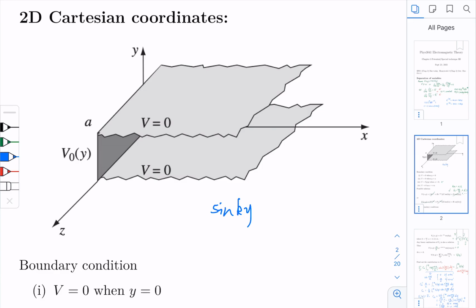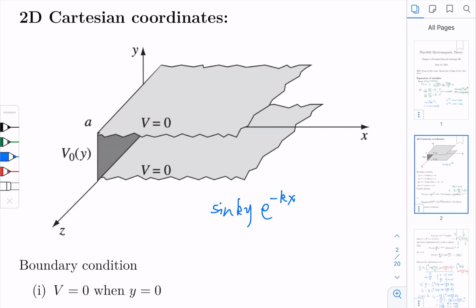It can be exponentially increasing or exponentially decreasing, but at infinity it must be a decreasing function. So on the x direction, it must be an exponentially decaying function.